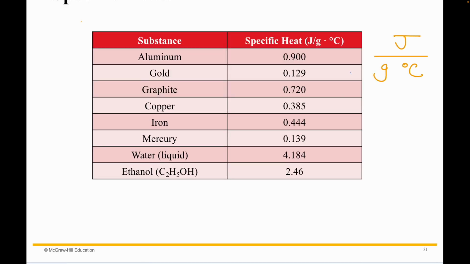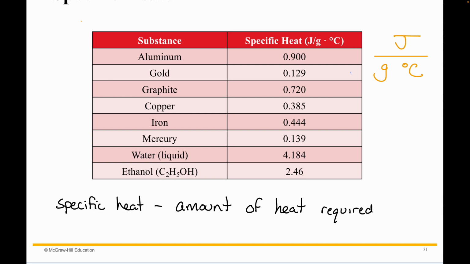All right, so the way that we think about these specific heat capacities, it is simply the amount of heat, the amount of thermal energy required to raise 1 gram of a substance by 1 degree Celsius.